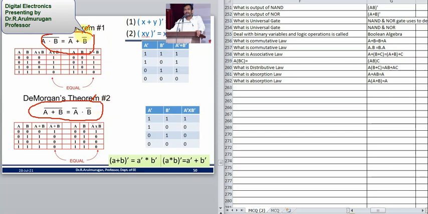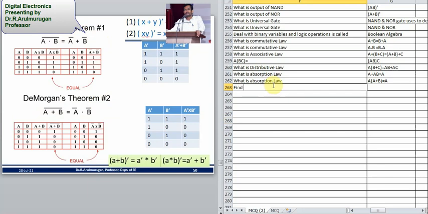De Morgan's theorem: open the bracket, (A dot B) whole bar is equal to A bar plus B bar.